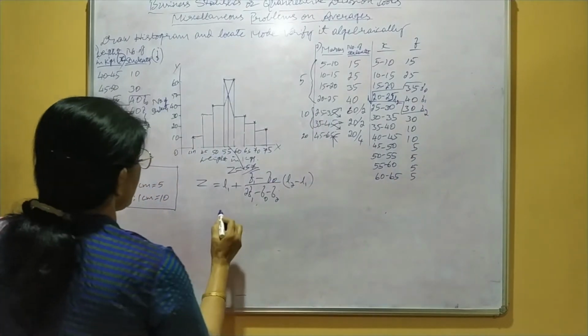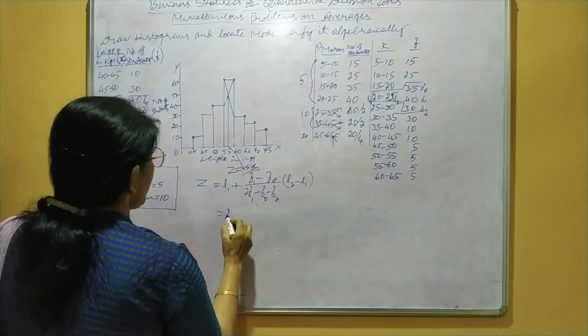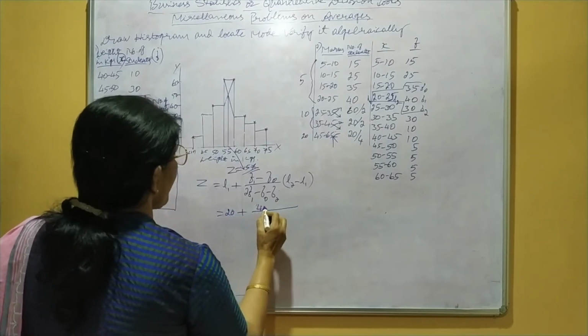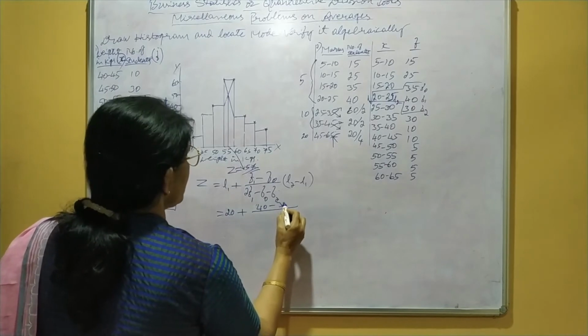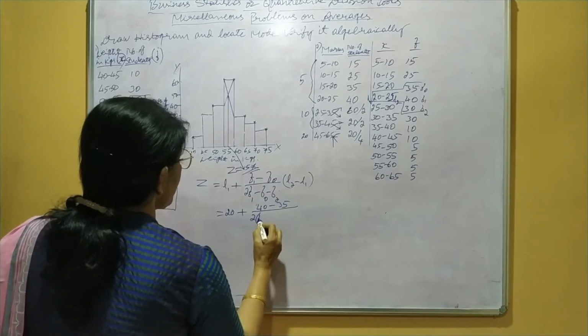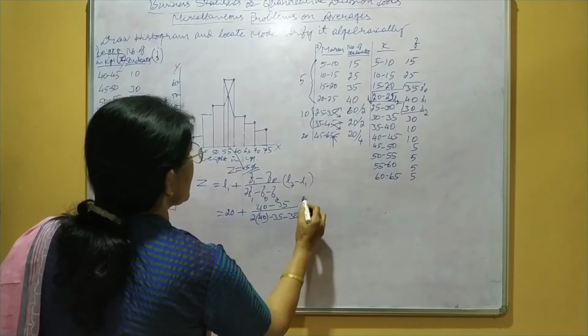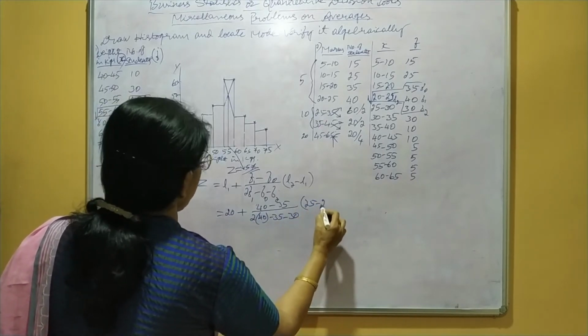Now, Z equals L1, 20, plus (F1, 40, minus F0, 35) divided by (2 into 40, minus 35, minus 30) into (25 minus 20).